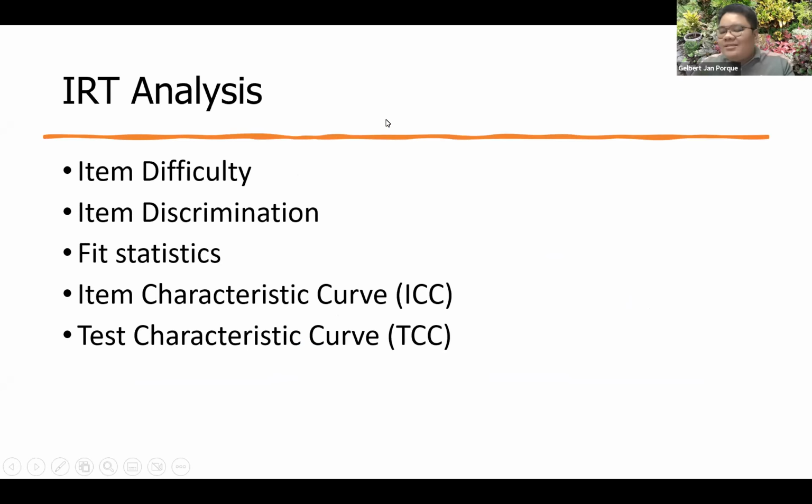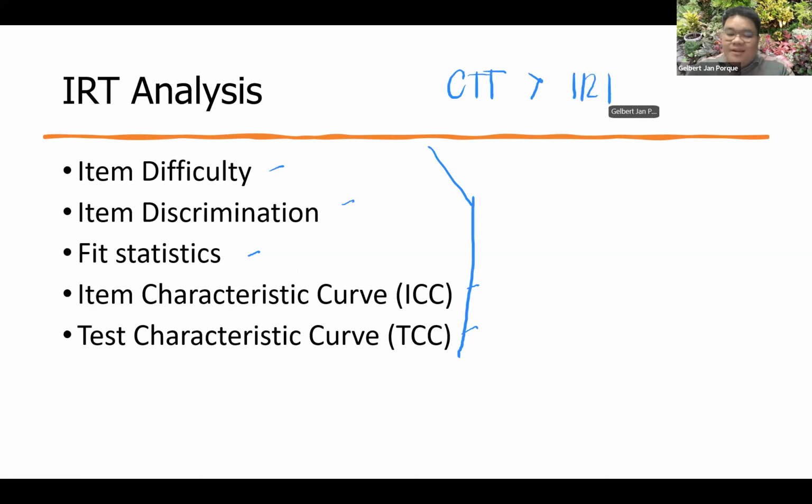Now, in IRT, the analysis would lead towards item difficulty, item discrimination, your fit statistics, your ICC, and then your TCC. ICC stands for item characteristic curve, and TCC for test characteristic curve. These topics will be discussed near the finals already. If we compare the two theories, the inclination at present is to use your CTT compared to your IRT.